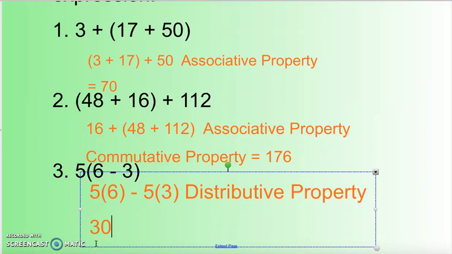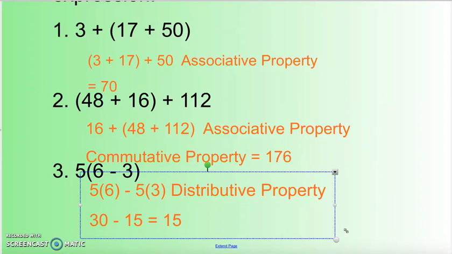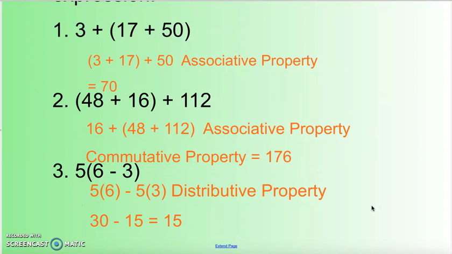And so I know that I get 5 times 6 is 30, minus 5 times 3 is 15, and that equals 15. And so it made it so much easier to break it down into those small multiplication problems so that I can solve it.